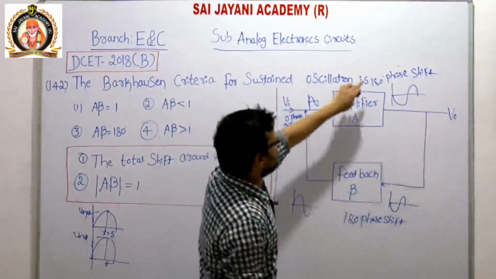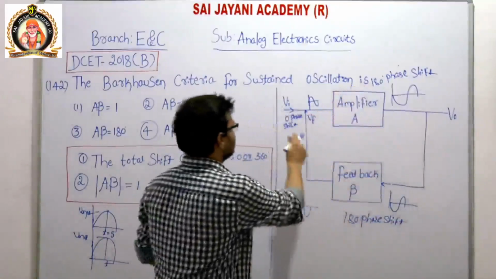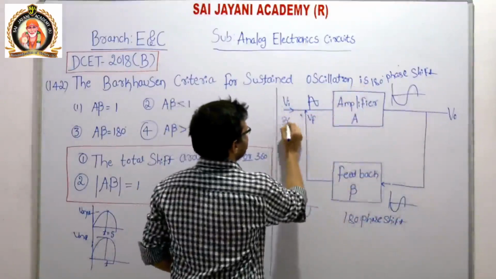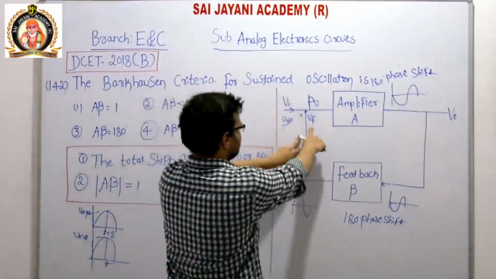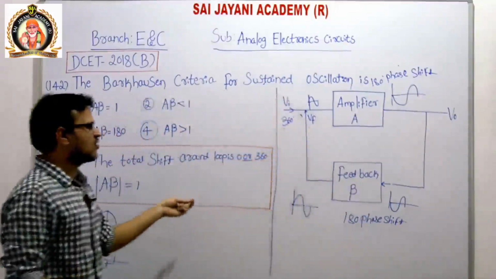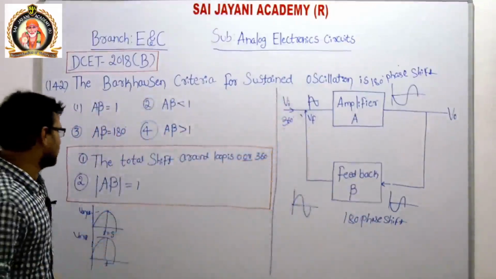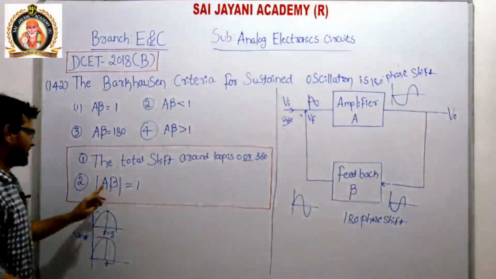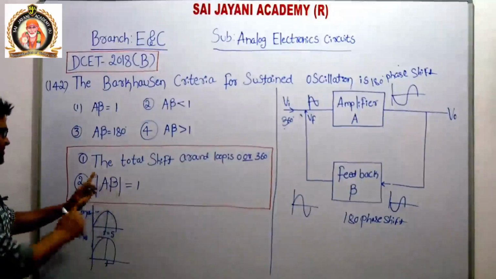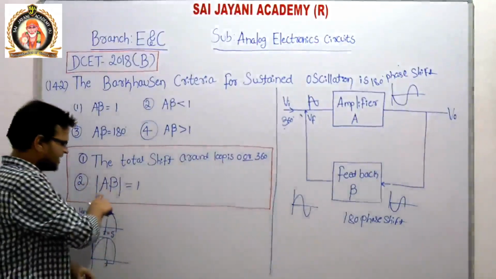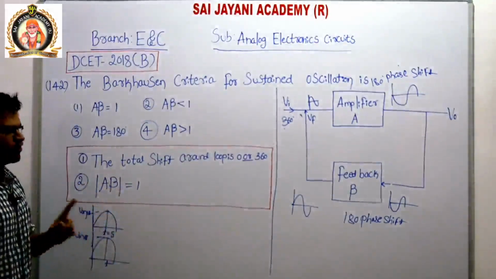So 180 degrees and 180 degrees give a 360 degree phase shift between the input signal and the feedback signal, or it may be called an in-phase signal. And the second condition is that the magnitude of the amplifier gain and the feedback gain is always equal to 1.